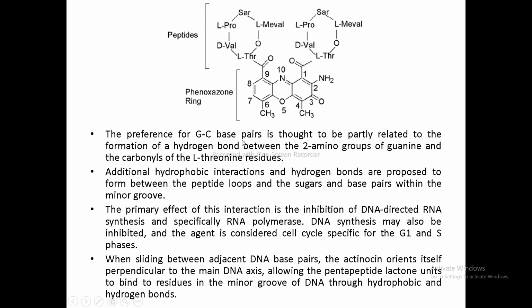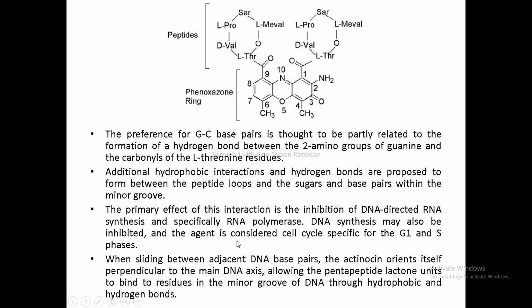Now in this slide and again in the next slide, they have mentioned the various interactions which take place between the drug and the DNA. So just listen carefully to which kind of interaction takes place between the drug and the DNA, and how they get intercalated between the guanine-cytosine base pair.